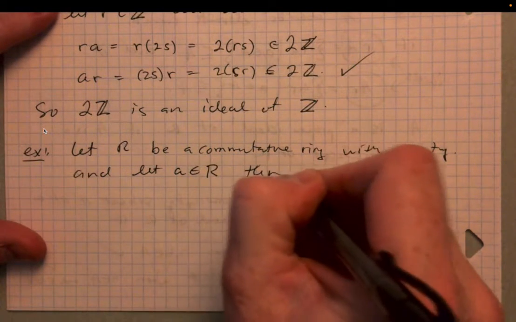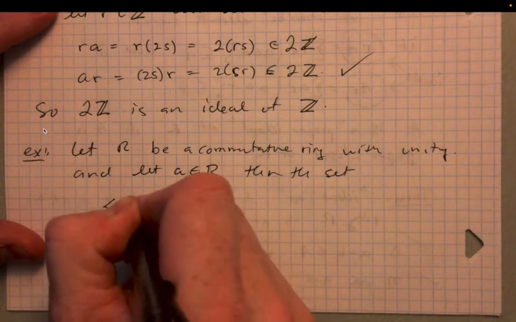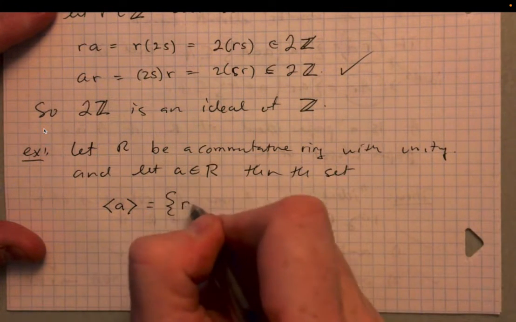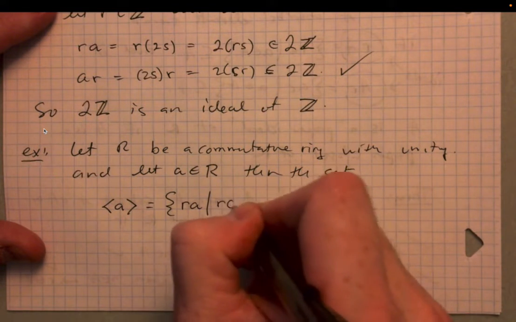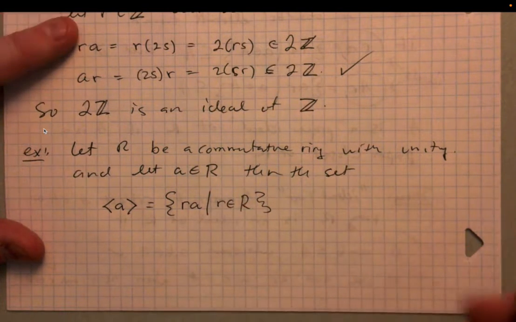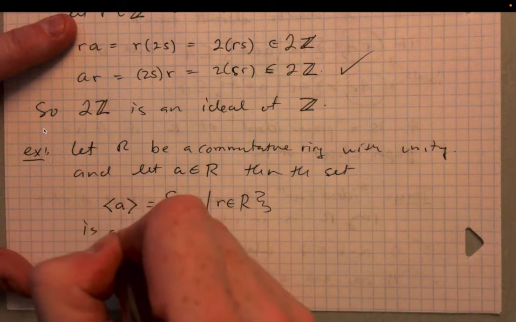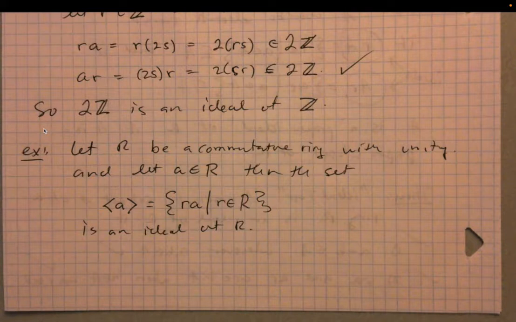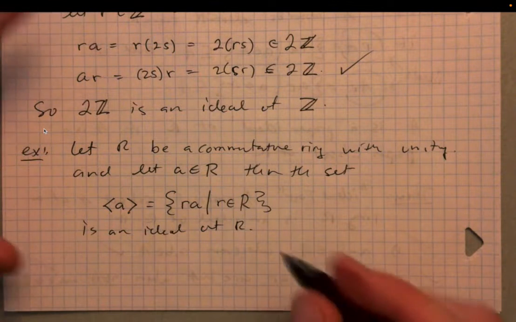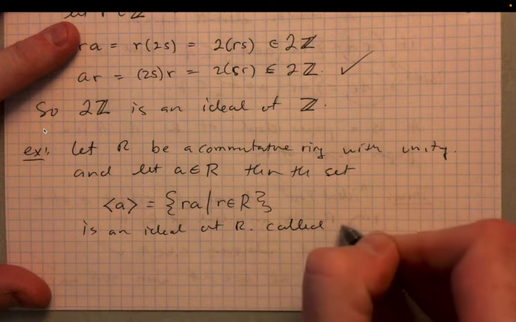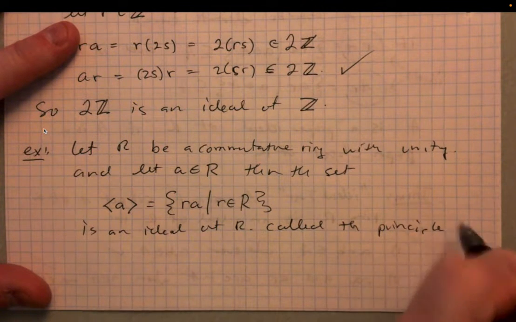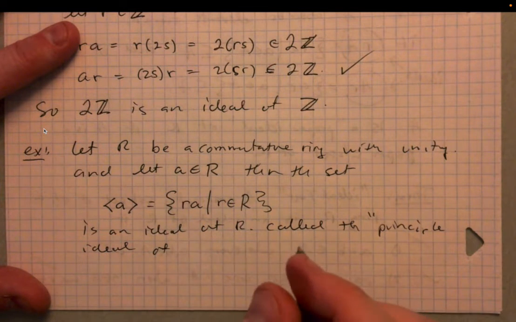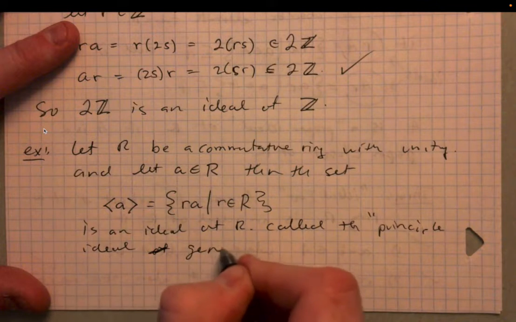Then the set, and we use this notation, we'll talk about that in a second, the set (A) given by r times A, such that r is an element of the ring, is an ideal of R. And it's actually a special kind of ideal. It's called the principal ideal generated by A.